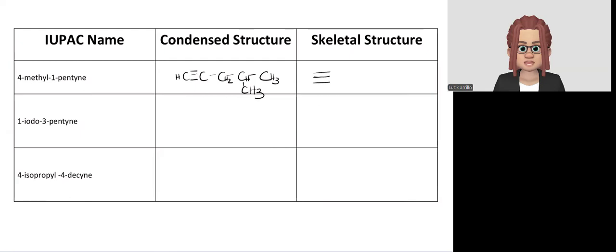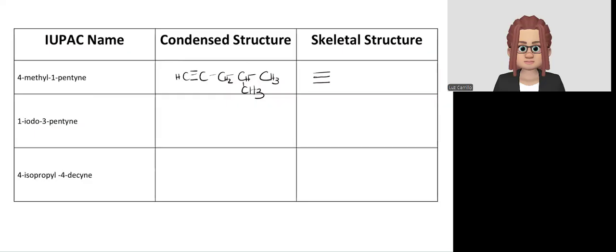So once I draw those three lines, that is representing carbon number 1, carbon number 2. And if we follow the geometry of the rest of the carbons, this is tetrahedral. The two hydrogens, the two bonds, that makes 4 electron groups. This carbon is tetrahedral, this is tetrahedral, this is tetrahedral.